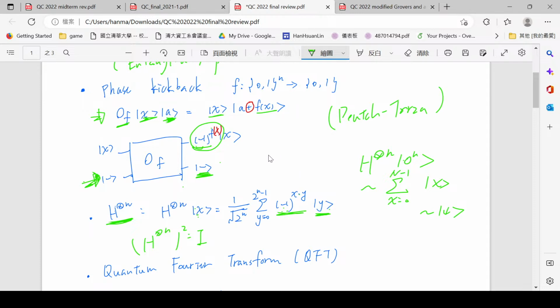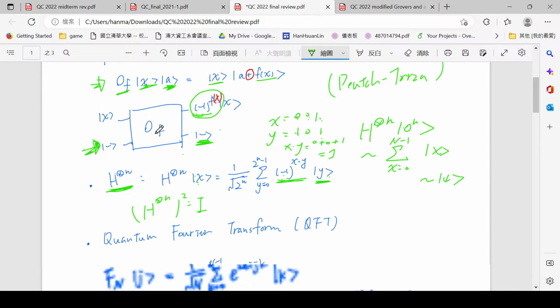For example, if x is 001 and y is 101, you multiply componentwise and add: 0 times 1 is 0, plus 0 times 0 is 0, plus 1 times 1 is 1, so the result is 1. This formula is pretty useful.